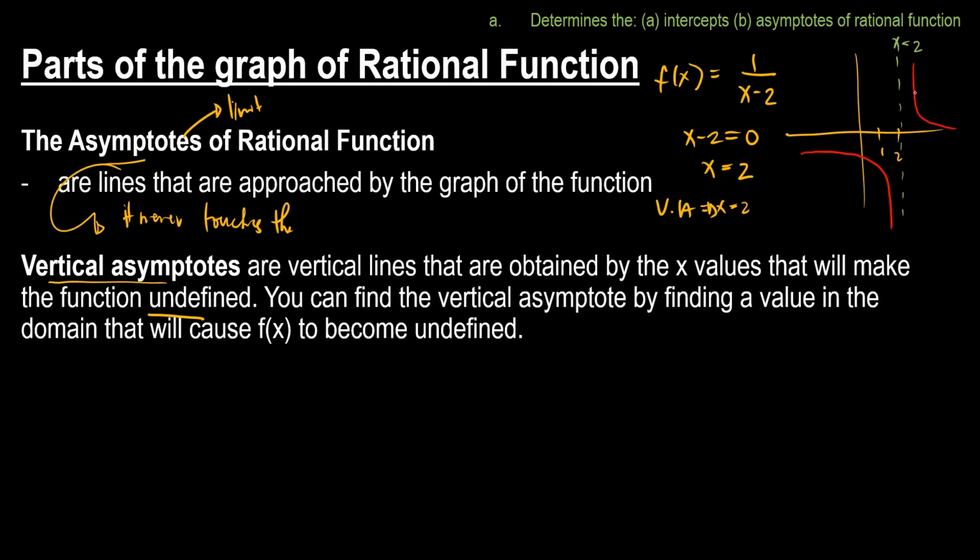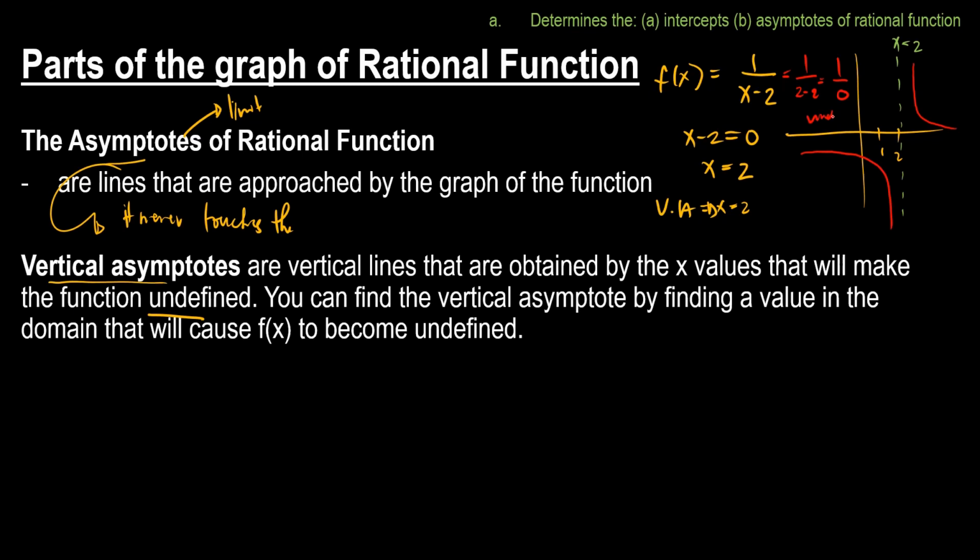It never touches the asymptote because if we input 2 into this function, let's substitute x is equal to 2 into the function. So 2 minus 2, 1 over 0.